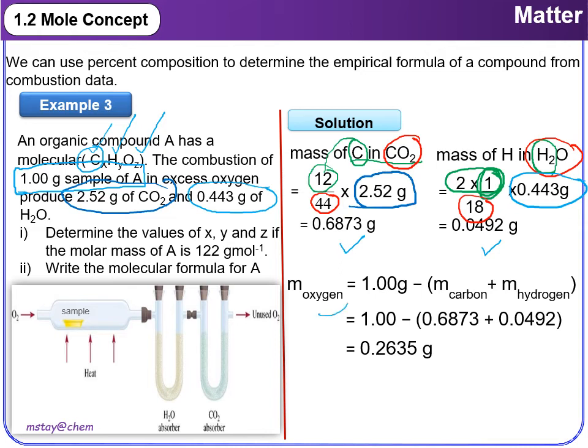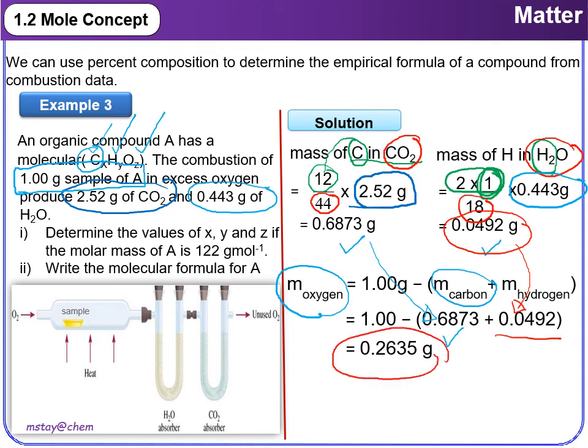So if I want to find the mass of the oxygen, it means the remaining mass will be the mass of oxygen. So we are going to use 1 gram minus the mass of carbon, which is 0.6873, and then minus the mass of hydrogen, which is 0.0492. So this remainder will be the mass of oxygen.